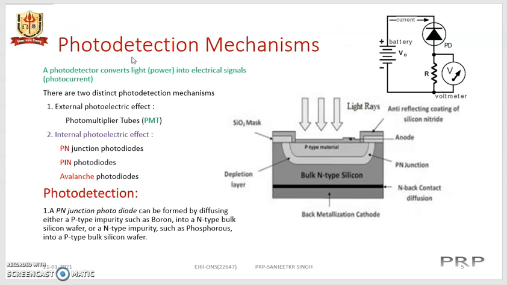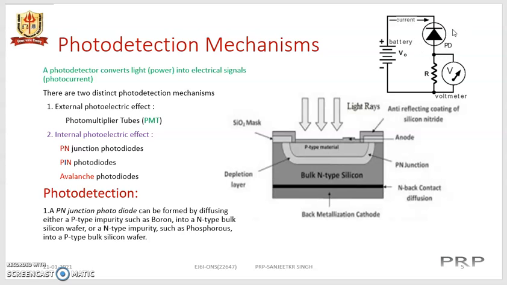Now let's see the photodetection mechanism, how light is converted into an electrical signal. Basically a photodetector converts light power into an electrical signal, that is photocurrent. This circuit arrangement shows a photodiode, reverse biased, with a resistor and a battery.